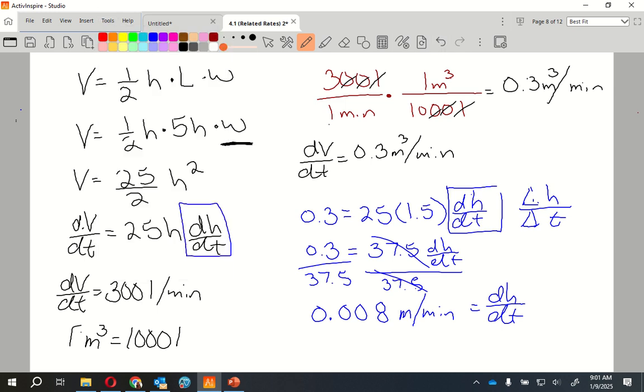So now going back and talking about what this is, that means that as the water is going into the pool, starting at the bottom, and now we're here, when the height is 1.5 meters, the rate at that current moment in time that it is going up is 0.008 meters per minute.